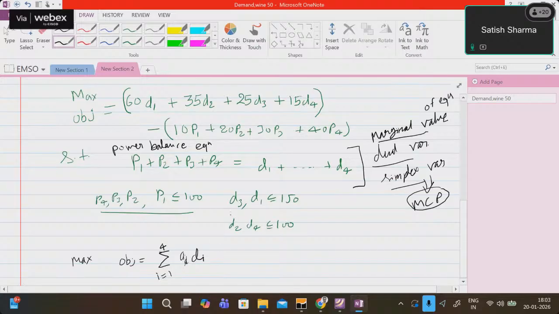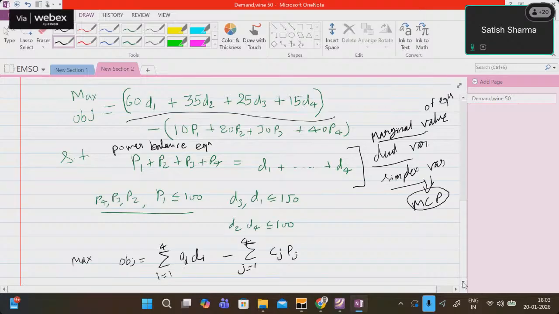So this is how I can summarize this entire part. We have defined A and D. So this is summation of 1 to 4 of Ai and Di minus, let's say, summation of j equals 1 to, again I have 4 generators, so 4, and I have Cj and Pj.